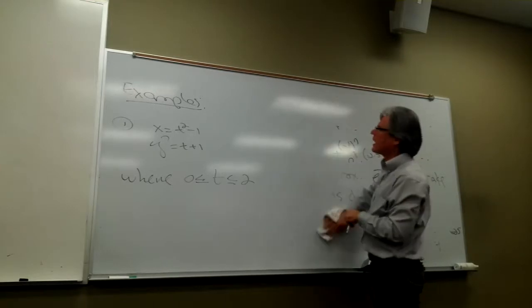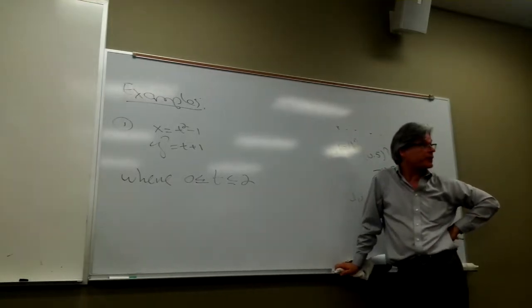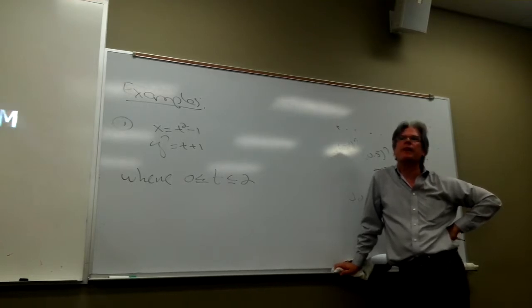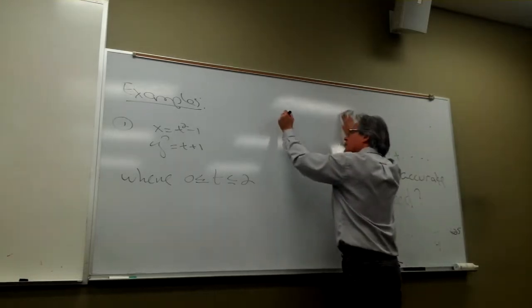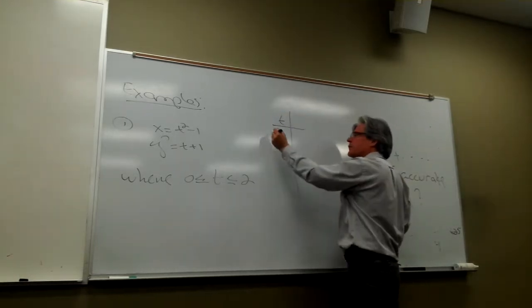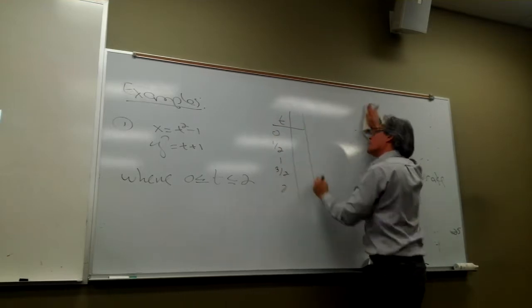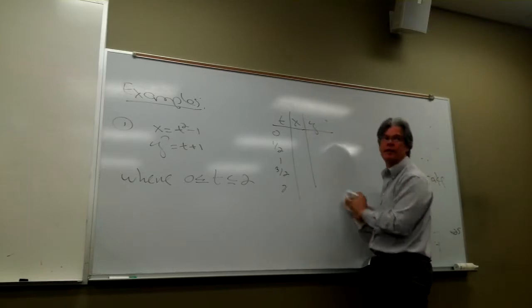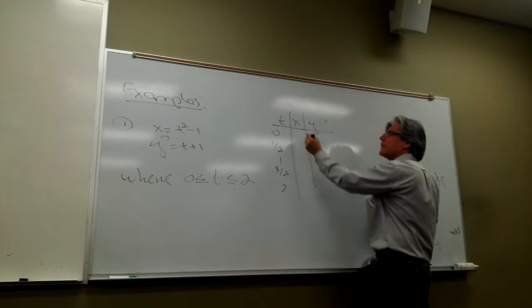For me to generate the graph of a curve described by these two parametric equations in terms of parameter t, here's something I could do. I hate doing this. In fact, I'm going to really talk fast. This is so crude. I can talk about values of t. Say, for example, 0 to 1/2 to 1 to 3/2 to 2, and talk about the corresponding x and y coordinates. It's kind of clunky, sorry. I'll give you better techniques in a few minutes. If t is 0, I think x is going to be -1.